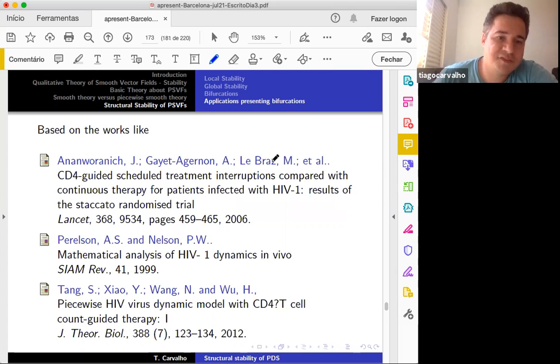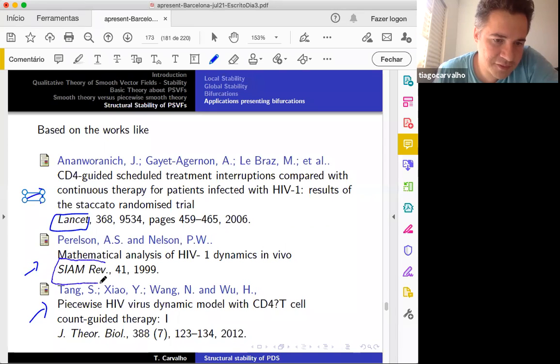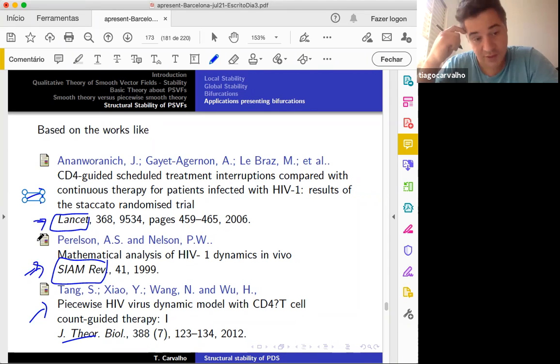Based on these works here, okay, I put 3 of them here, but there are other ones. Look at the journals where they are placed. First, principally these 2, there are very good journals.